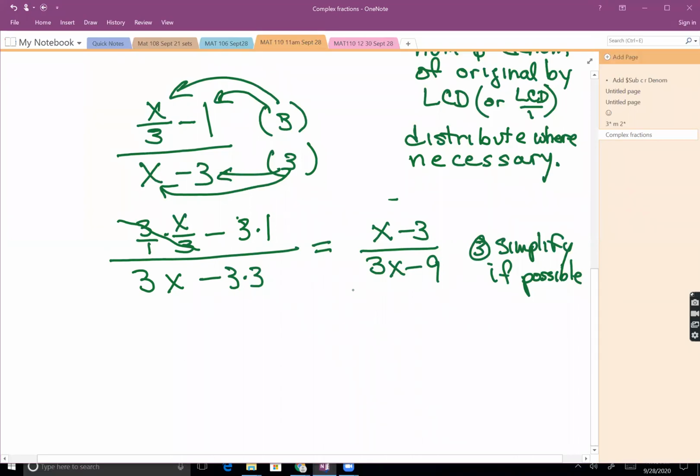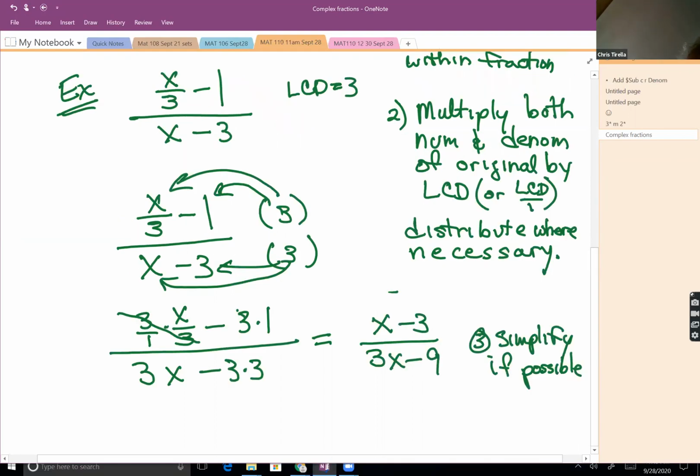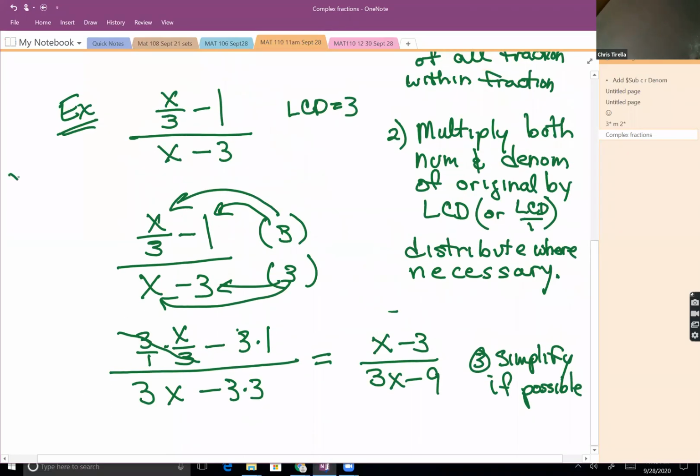How do you pick 3 as the LCD? With this one, if I look at the terms that make up the fraction, we've got x over 3, 1, which is 1 over 1, we have x, which is x over 1, and we have 3, which is 3 over 1.